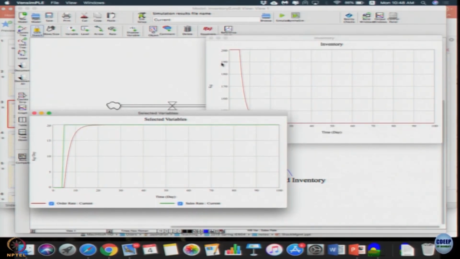We can expect a similar behavior even if we change the desired inventory. Instead of changing the sales rate, even if we change desired inventory from 200 to say 220, we can expect similar behavior where the order rate will still exhibit an exponential change or goal seeking behavior, and it will quickly fall back down to 0.